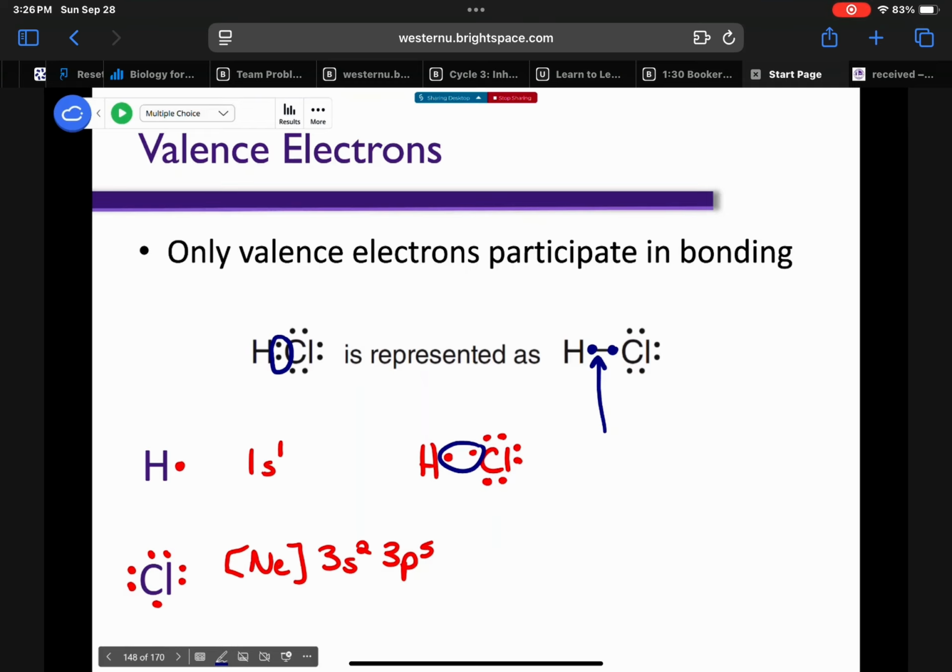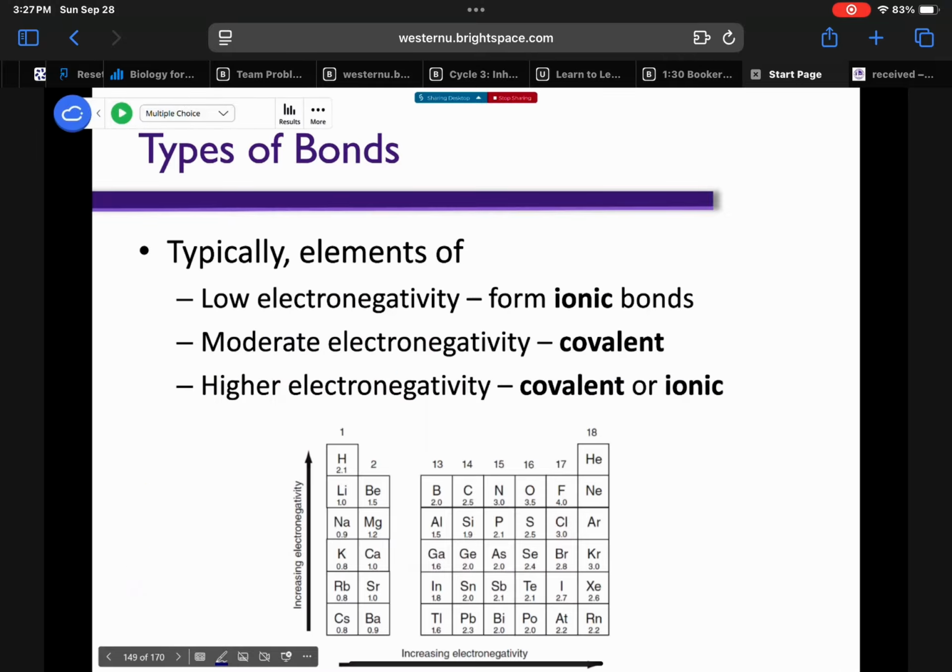So sometimes electrons are shared. 2 electrons sharing can form a covalent bond. But if the atoms aren't very good at sharing, we're going to form a different type of bond, and that is an ionic bond. How do we know if we form an ionic bond or a covalent bond? Well, we have a couple different methods to be able to predict which type of bond we're going to have.